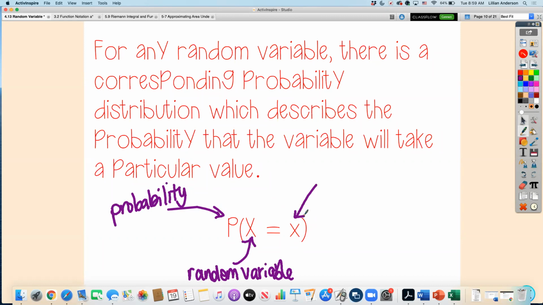And our lowercase x represents the numerical value that's associated with our random variable. So anytime you see this type of notation, it's basically asking, what's the probability that X will equal a particular value, or there could also be a greater than or less than instead of the equal sign.